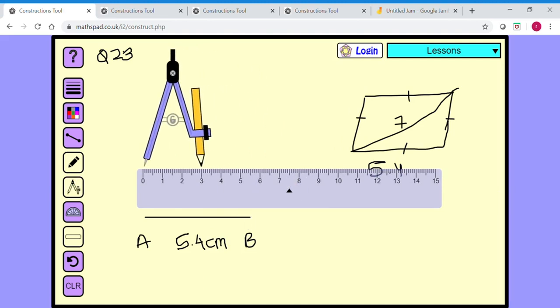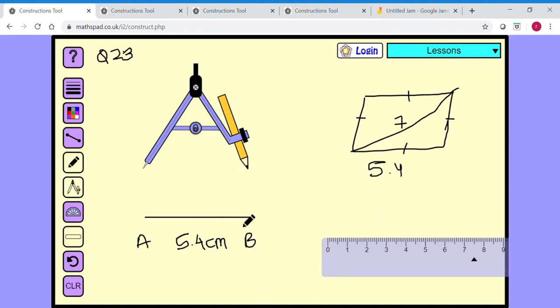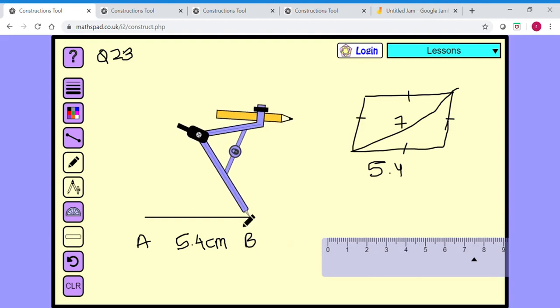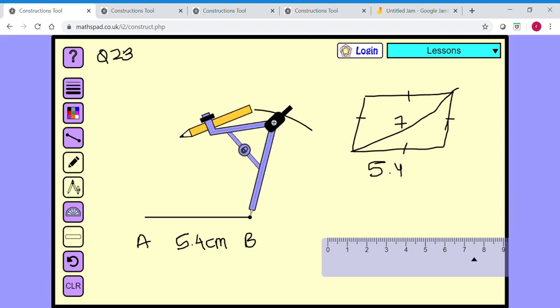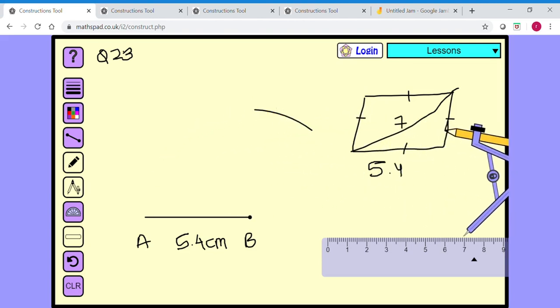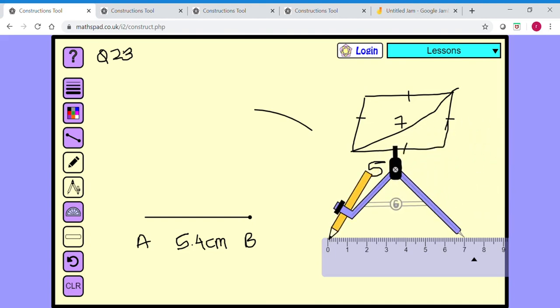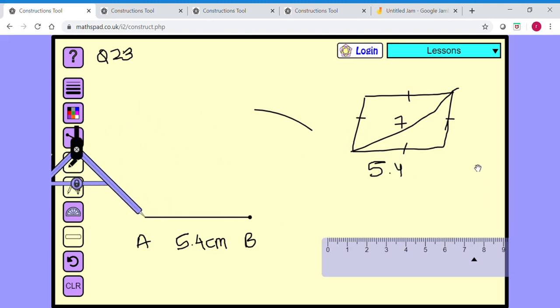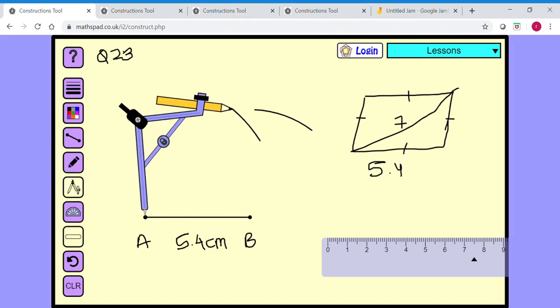So I will measure this using a compass. So I've got 5.4 here. I keep it at B and I make an arc somewhere here and I measure now 7 and it is 7 from A. So I keep it at A. My line was short. Perfect.